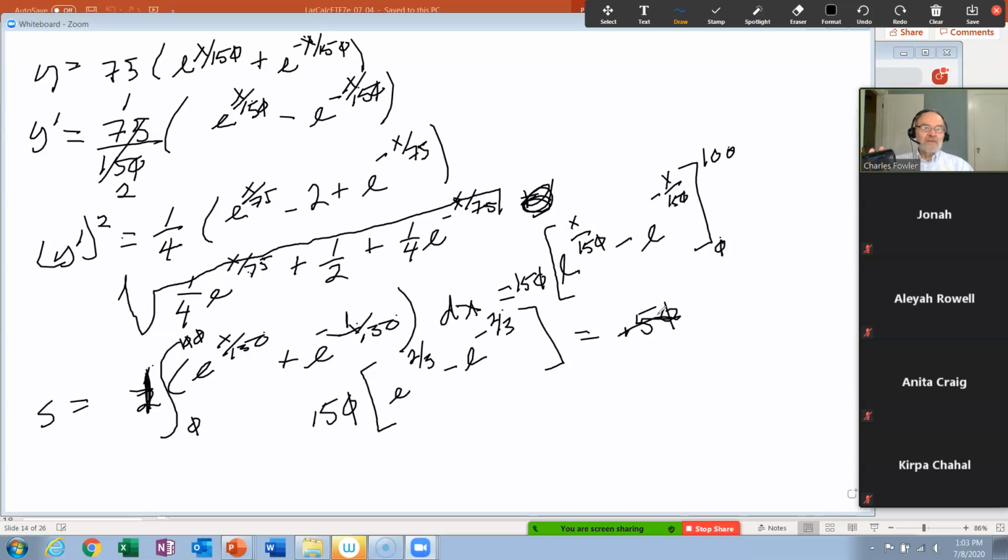And we get something in excess of 215, which is what the book got. The arithmetic is the hard part. The calculus is the easy part. So that came out on the order of 215. I believe that was in feet. Yeah, 215 feet. All right, so that was example 5.